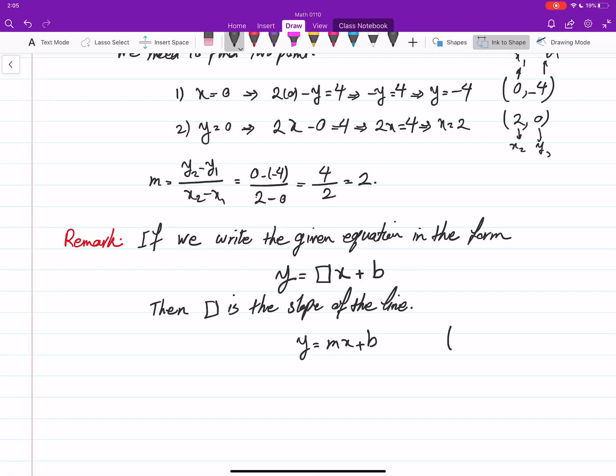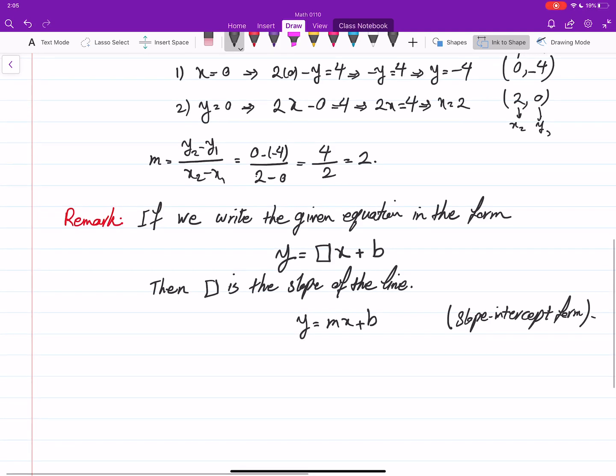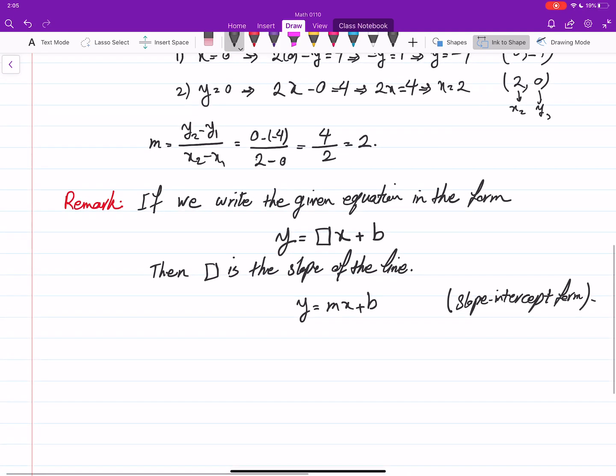This form is called slope-intercept form. So if you have an equation in slope-intercept form, the coefficient of x is the slope.